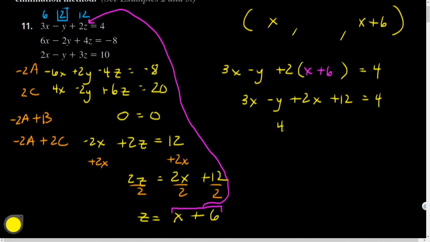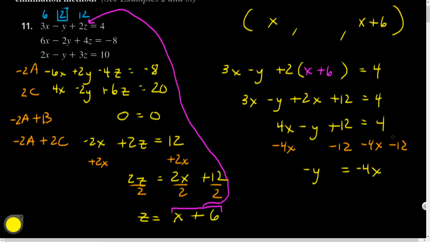3x and 2x is 5x minus y plus 12 equals 4. And then tell you what, let's move two things at once. This is algebra 2 after all. Let's double move things. So I'll subtract 5x and 12 from both sides. And I'd get the opposite of y equals negative 4x, and 4 minus 12 is negative 8.